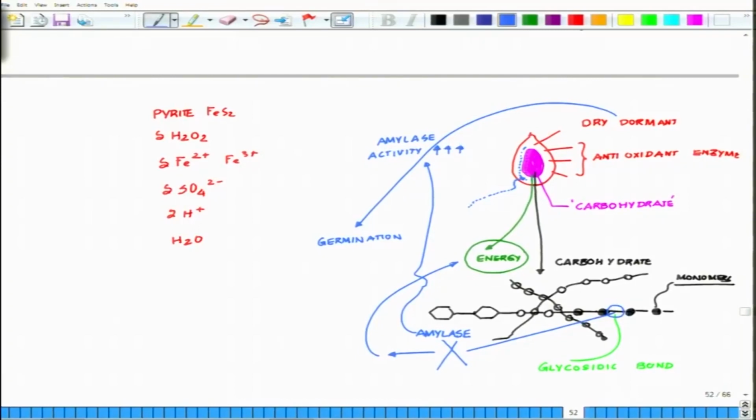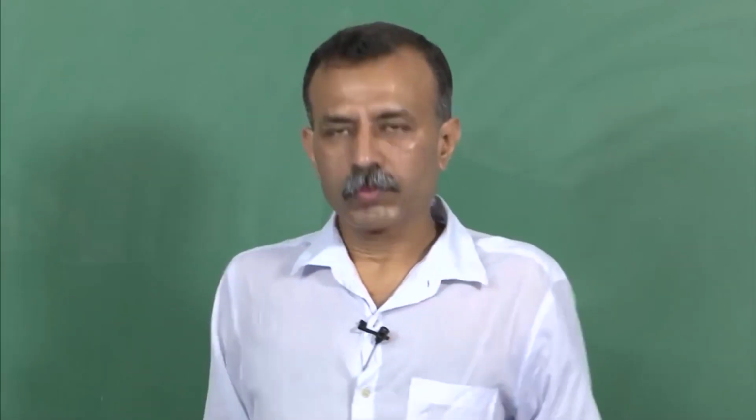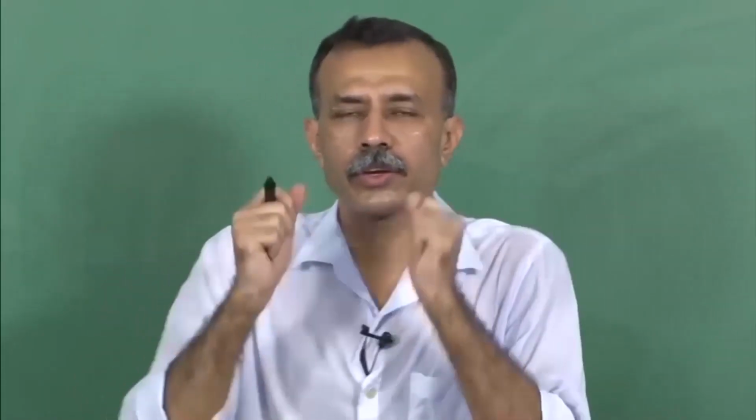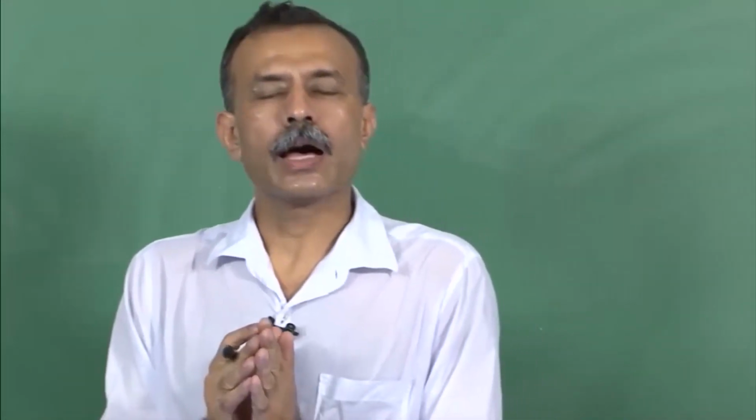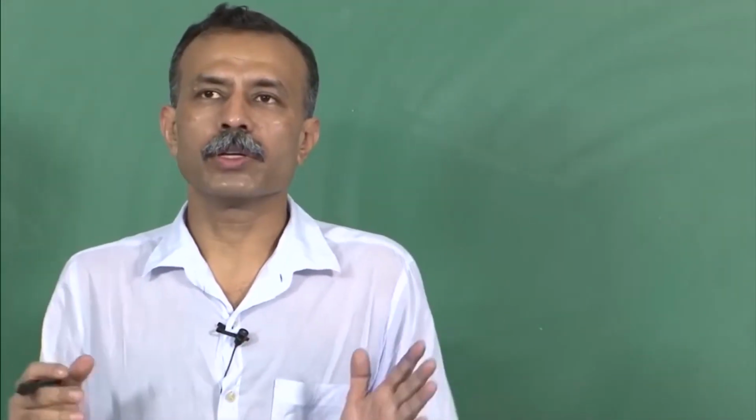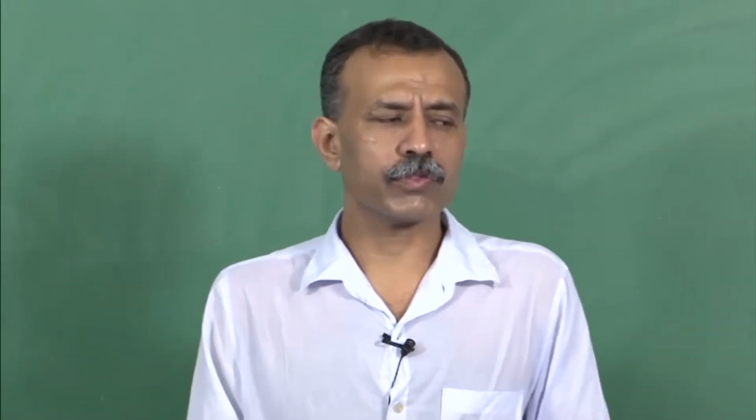Because of the amylase activity going up significantly, it leads to the breakdown of starch into small molecules like glucose. This is your Glucon-D almost. So basically, if you want to go for a 100-meter dash, you take Glucon-D and you run. This is precisely how a seed germinates in an environment which is extremely challenging for it to grow.